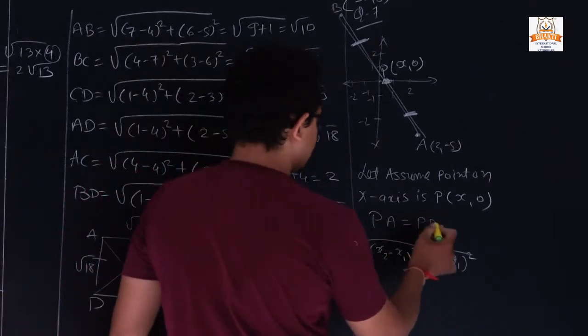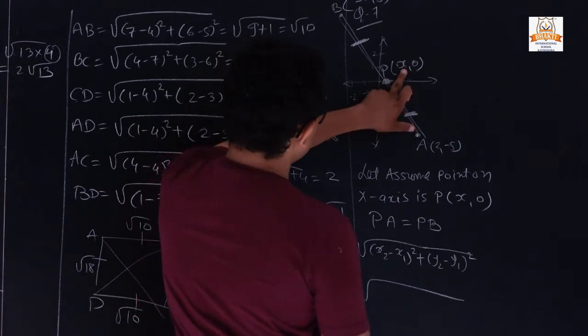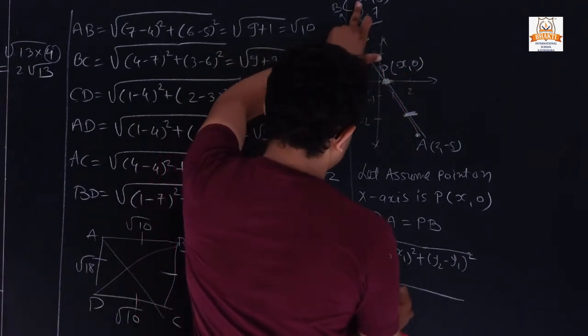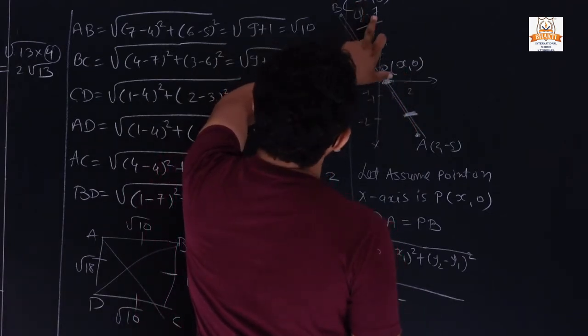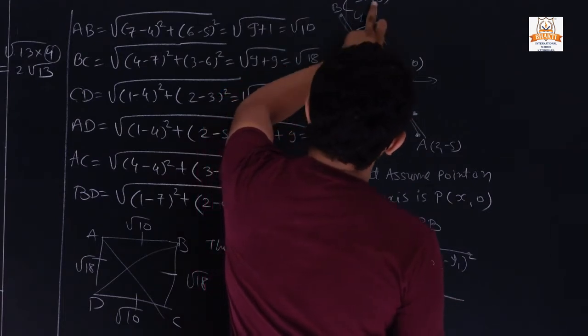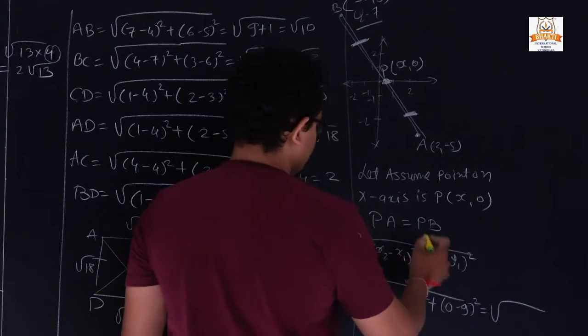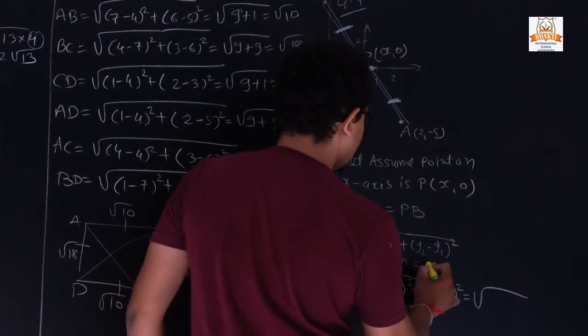So these both are the same. So once again we can write PA: x2 minus x1, x2 minus minus becomes plus, then y2, 0 minus 9, all square. So PA is equal to PB.